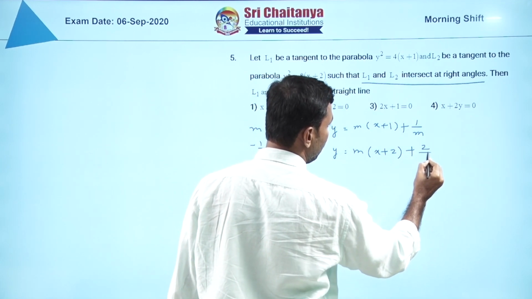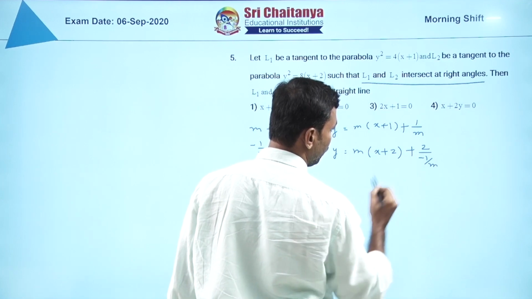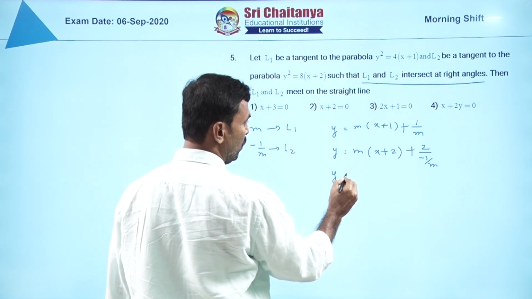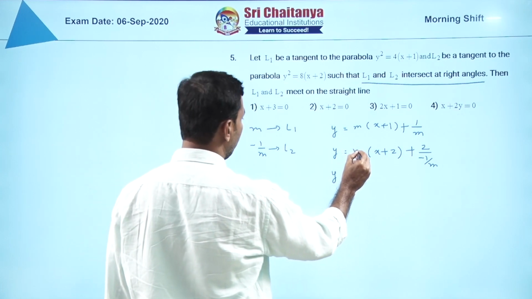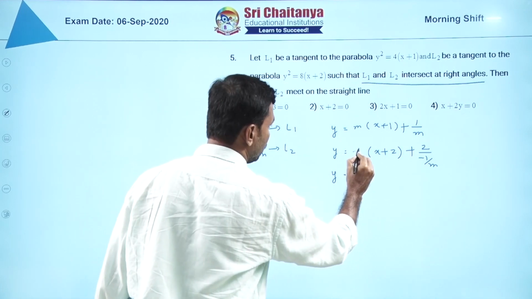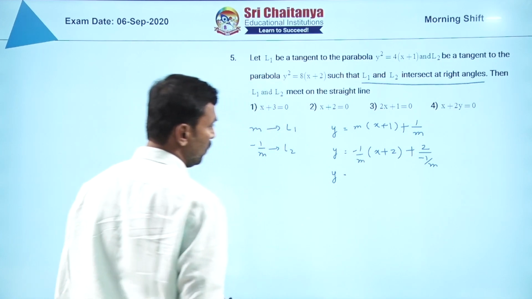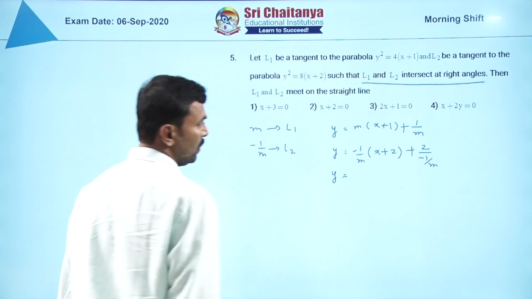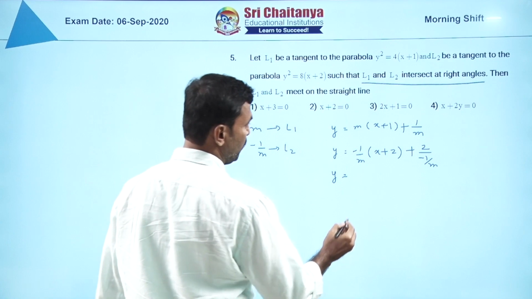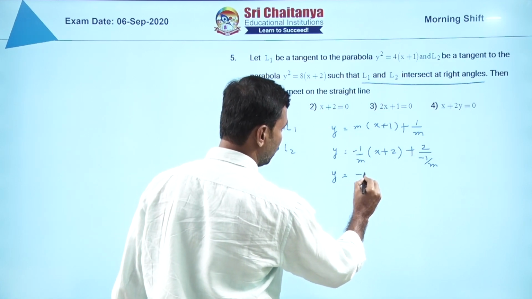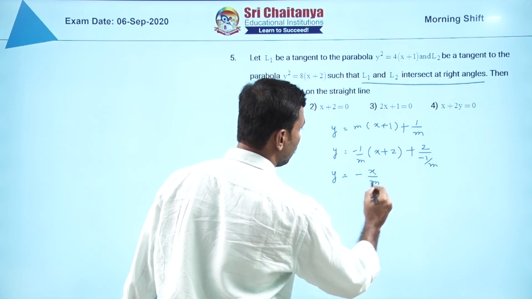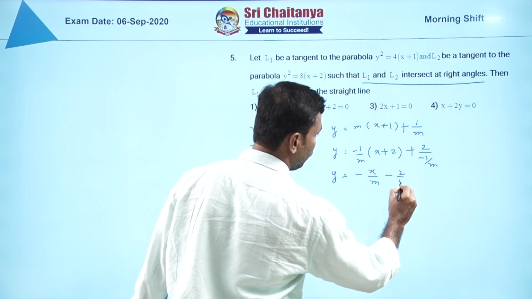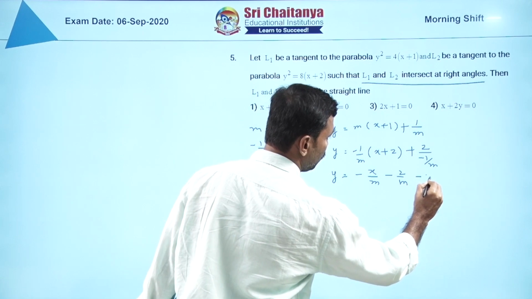So, with slope minus 1 by m, the equation of the second line becomes y is equal to minus x by m minus 2 by m minus 2 m.